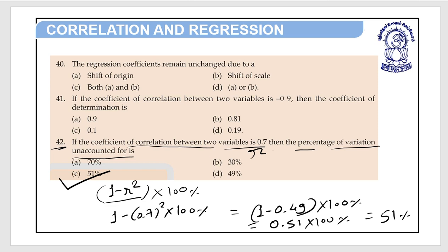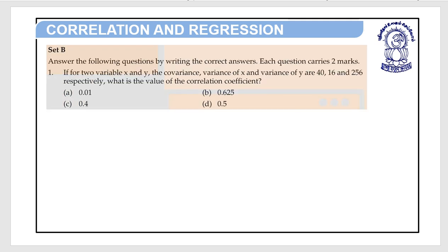Yes. Okay. So let's move to the second exercise, Set B. Answer the following questions by writing the correct answers. Each question carries 2 marks. Question number 1. If for two variables x and y, the covariance, variance of x and variance of y are 40, 16 and 256 respectively.